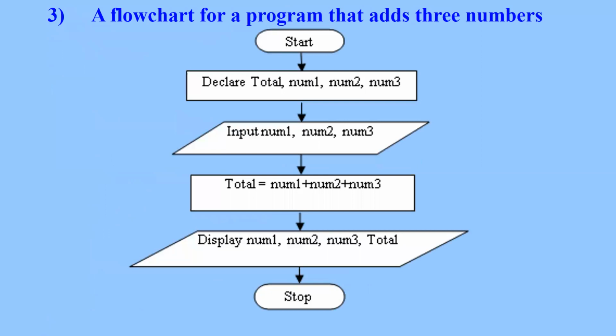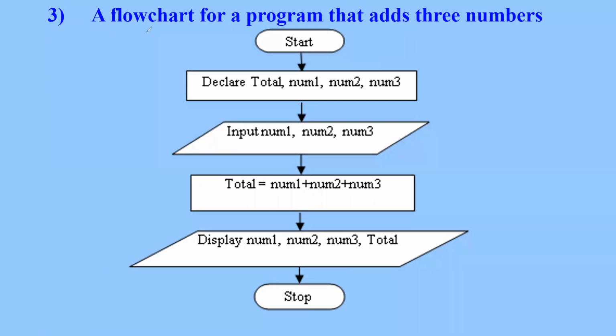Let's now look at a flowchart for a program that adds 3 numbers. So my title is a flowchart for a program, 3 numbers. As we said in my former presentations, we begin with the terminator.